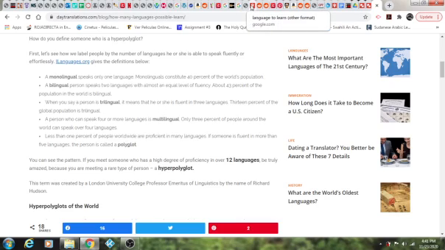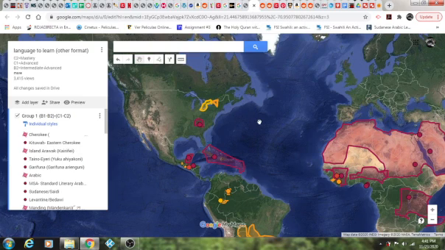Because one of the counter arguments to being a polyglot that really stuck with me is that it's not to say that you don't have the ability to fluently speak up to 12 languages, but it'll just take from the languages that you're learning, right?